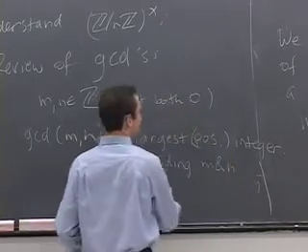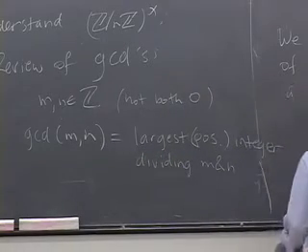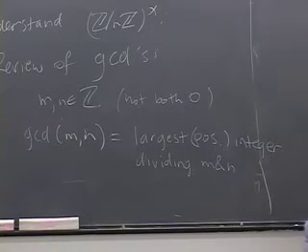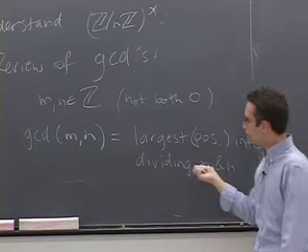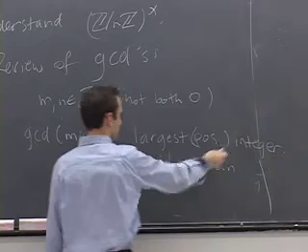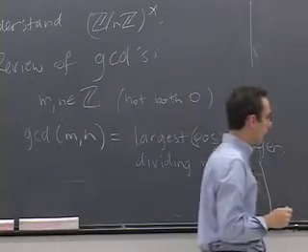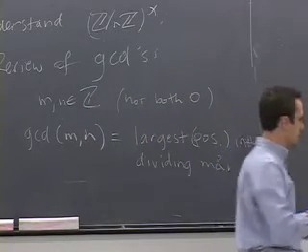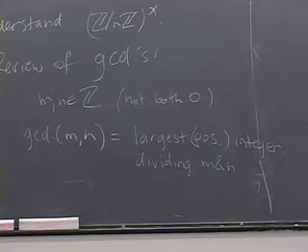But for the purposes of understanding the GCD, there's a better way of writing this down, because it doesn't make reference to the order structure on the integers inherited from the real numbers, in other words, positives and negatives.